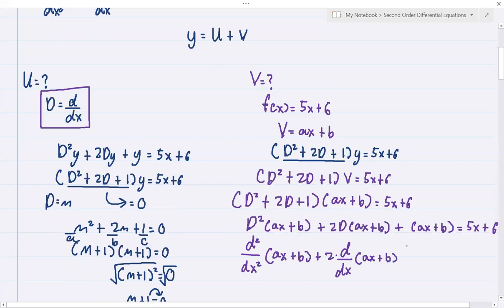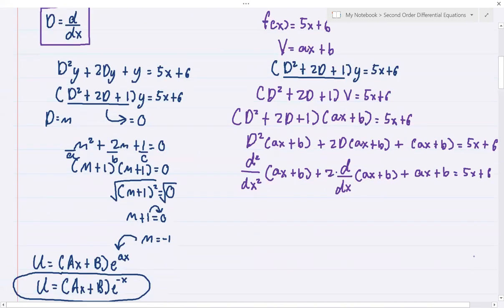And for this one, we're just going to copy ax plus b because it has no coefficient other than 1, so we will have just ax plus b as a result. So there we go, 5x plus 6.